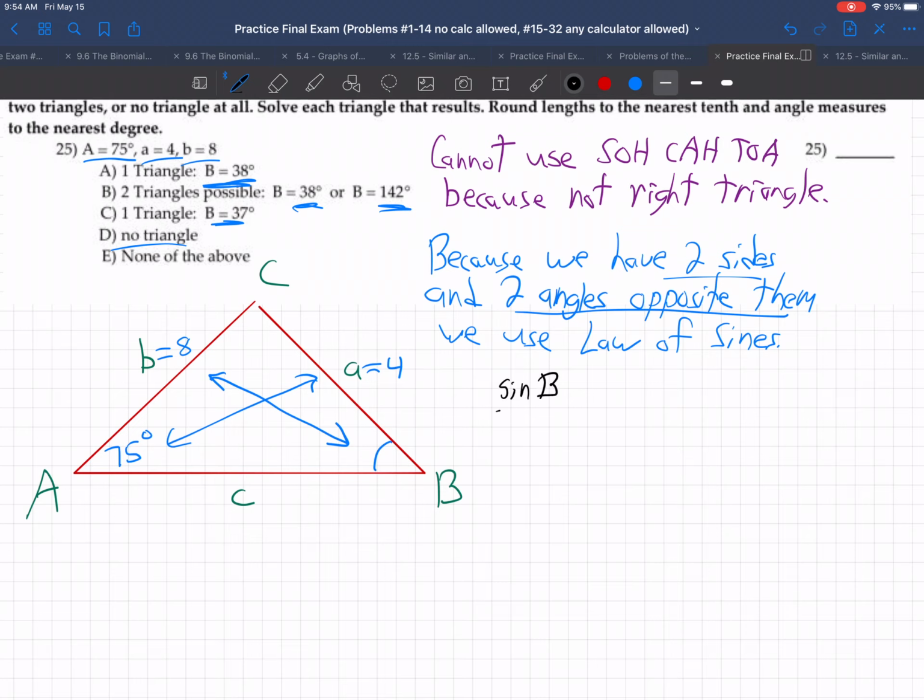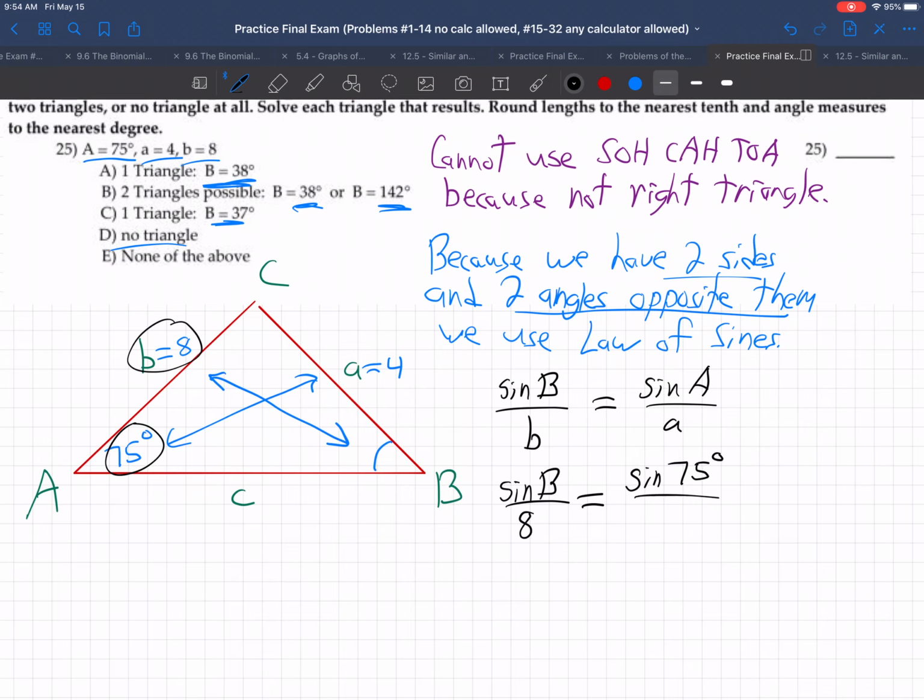So we're going to go sine of capital B over little b is sine of capital A over little a. Or you could put it both upside down. Doesn't matter which way you do it. So sine of capital B over 8 equals sine of 75 over 4.